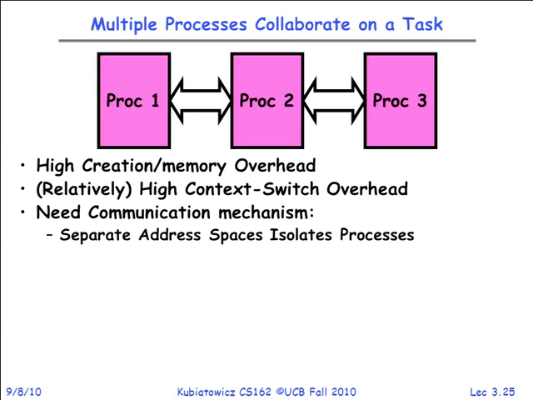Well, the thing that gets in the way is we've got separate address spaces. Every one of these has its own address space, so it's not like you can write in the memory of one process and read it in the memory of the other. Remember, we spent all this time making sure that the memory spaces didn't overlap.